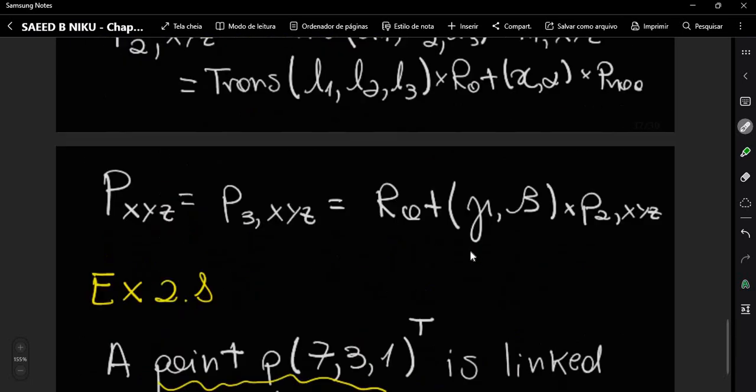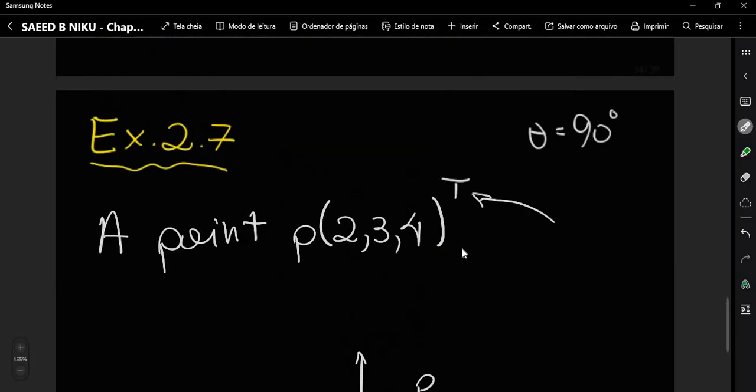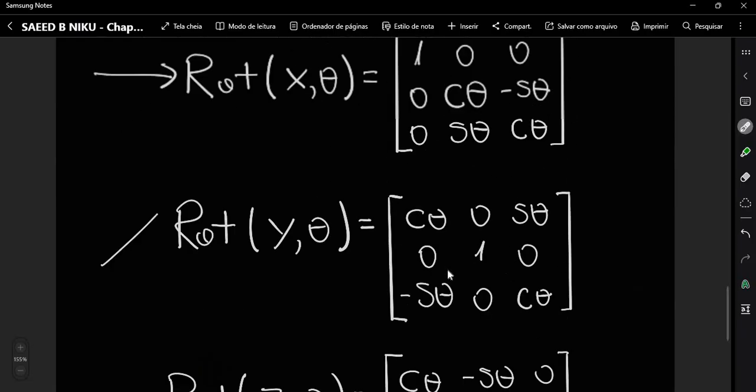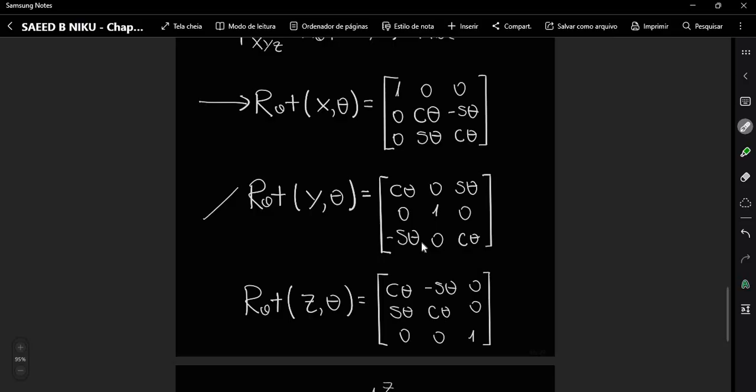We will also have to go back even more, two or three videos, where we worked the notations of pure rotation about the axis x, about the axis z, about the axis y and about the axis z.